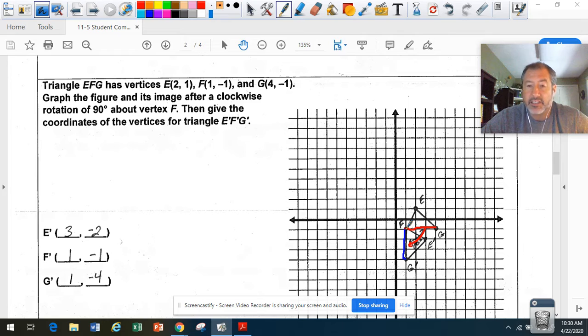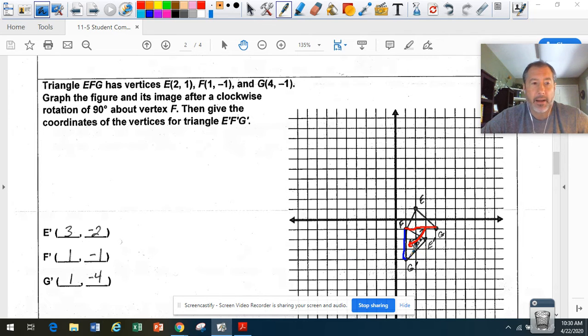Look at this distance here. It's 1, 2, 3 units away from F. So G prime is going to be located 1, 2, 3 units away from F also. So my G prime is going to be 1, -4. That's pretty easy.